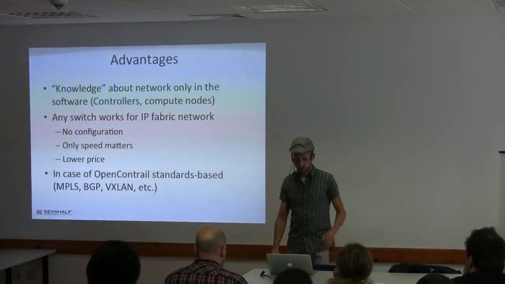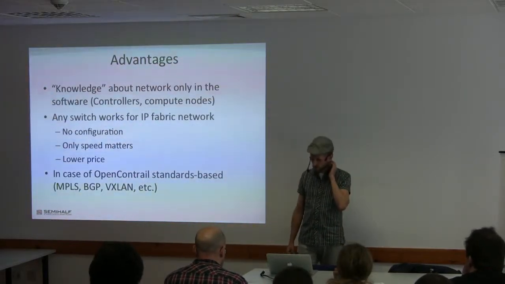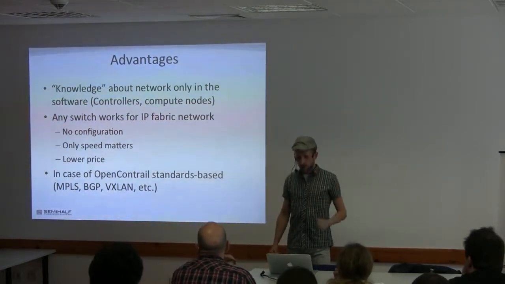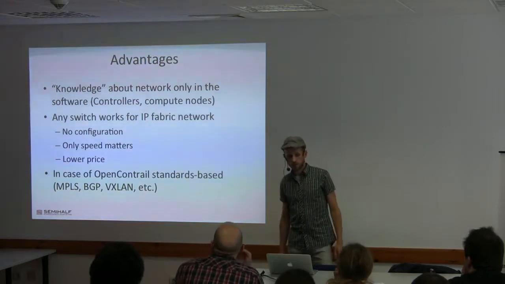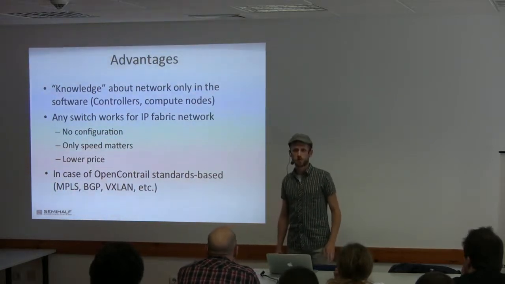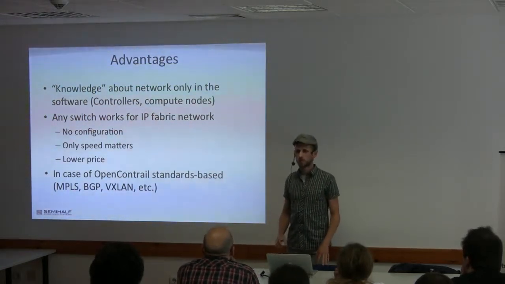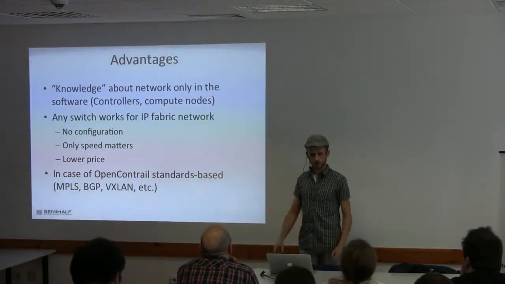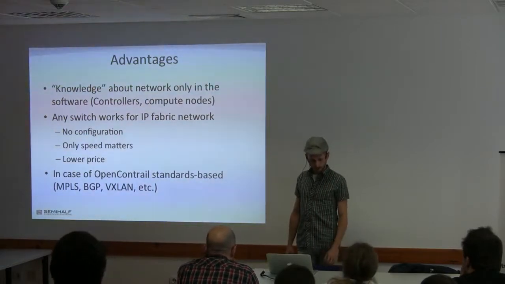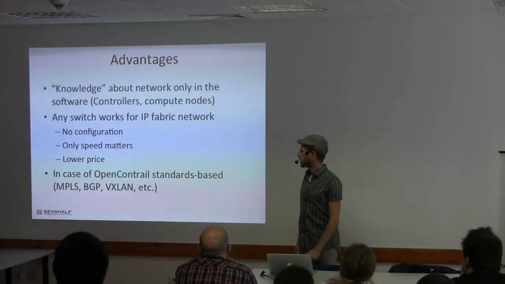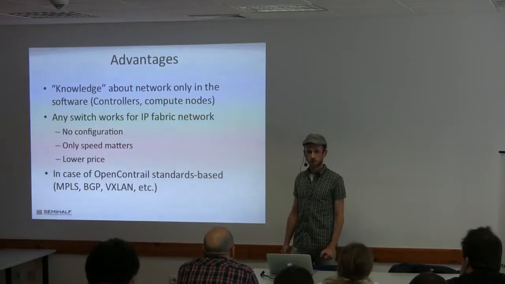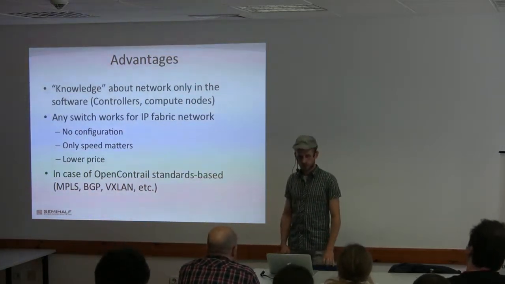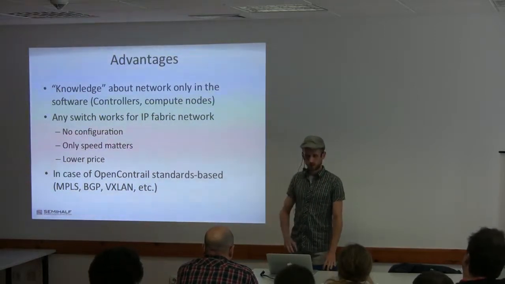There are clear advantages of this solution, because the knowledge about the network is only in the software. So you have the knowledge about virtual networks. The state of the virtual network is in the controller or in the compute node components. And what is really nice is that any switch will work for the IP fabric. You don't have to have any means of configuring this switch.